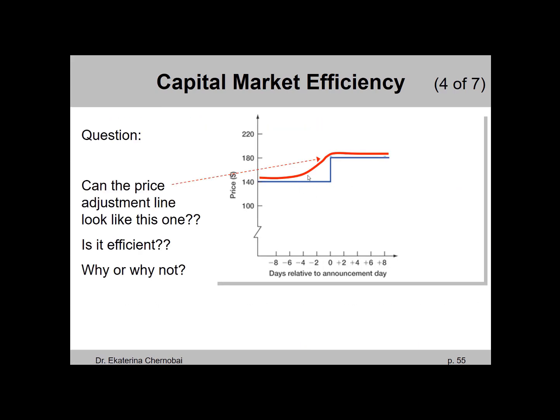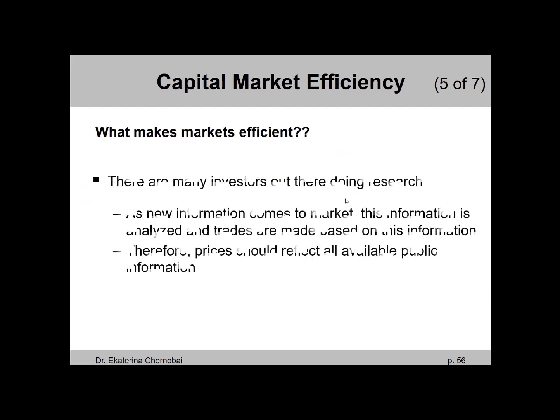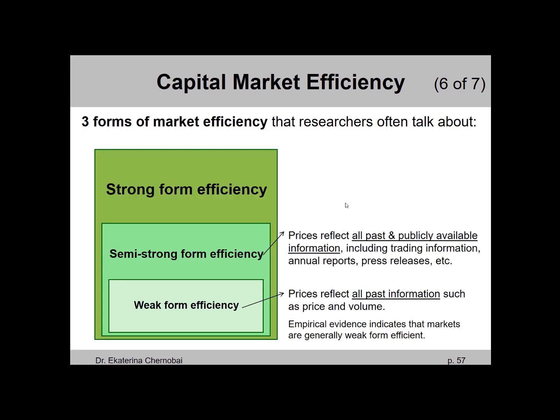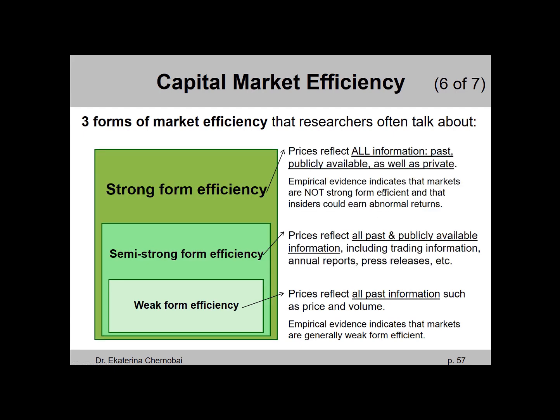If a group of people trade based on what they know about the future, and this is how stock prices are changing, meaning the prices reflect information that is not publicly available yet, such as private inside information, then that would be called strong form efficiency.